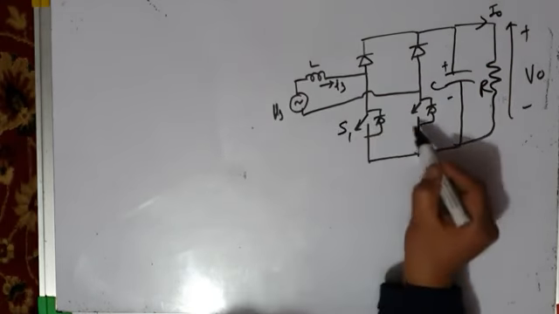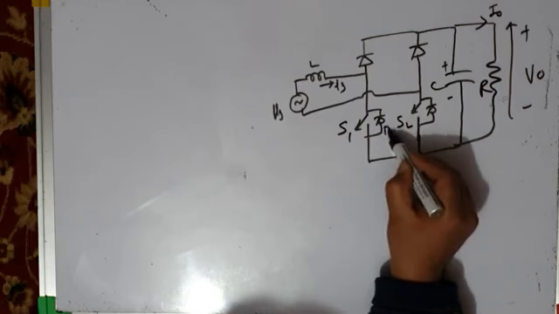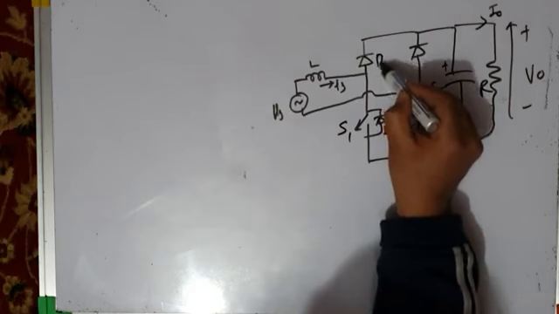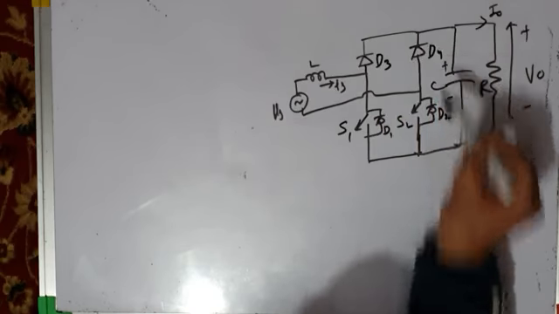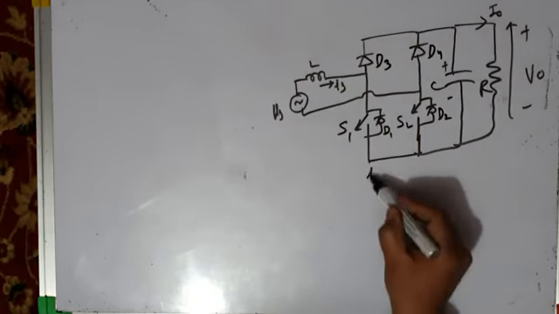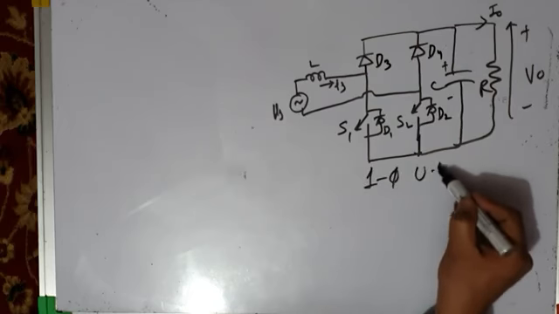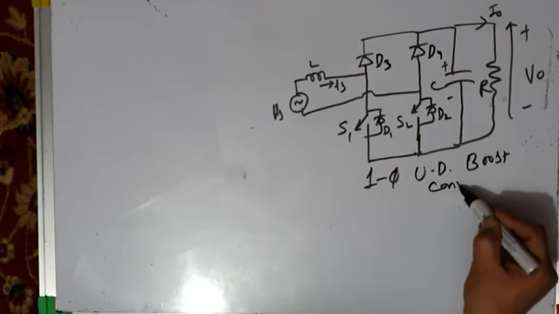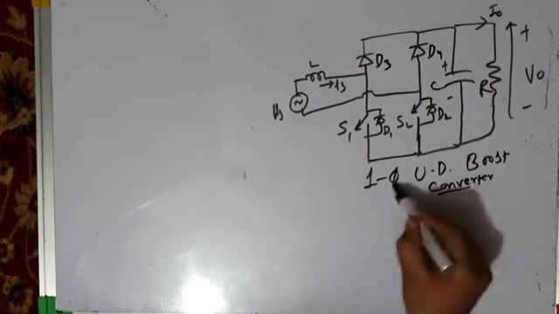This is switch S1, S2, and the anti-parallel or feedback diodes are D1, D2, and let this diode be D3 and this diode be D4. This is also a single phase unidirectional boost converter operating in continuous conduction mode.